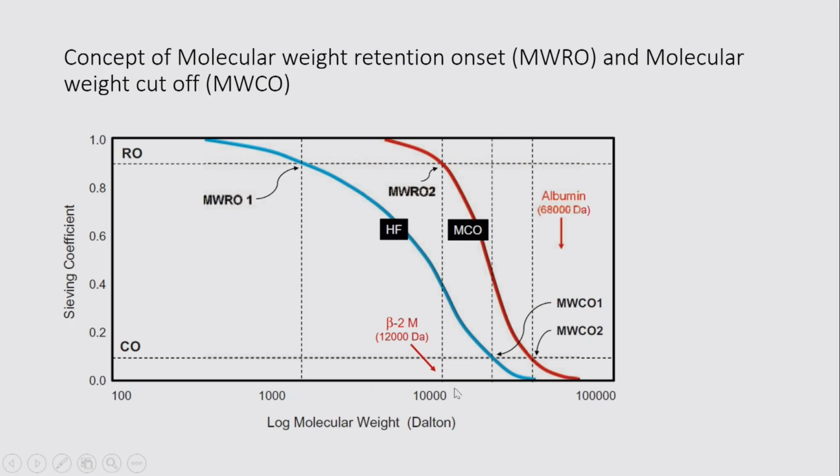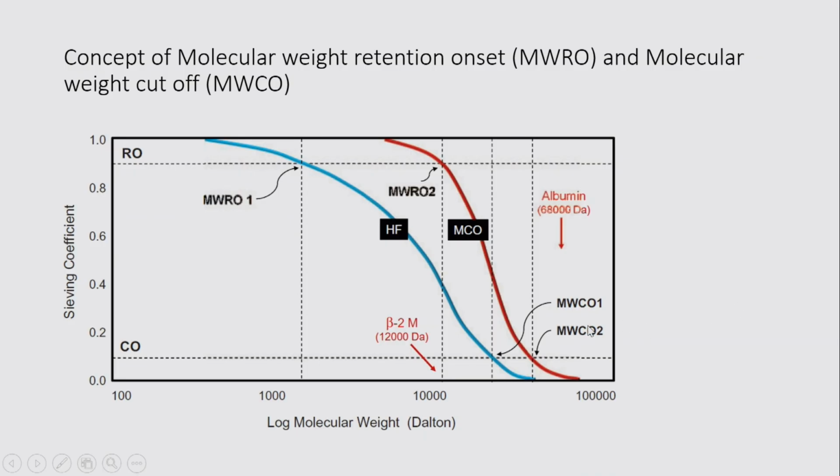And when you come to this side of the graph, the molecular weight cutoff, that is where they stop removing a satisfactory amount of that particular solute. For high flux membranes, it is somewhere around 25 or 28,000 daltons, but for medium cutoff membranes, it goes to somewhere around 45,000 daltons.